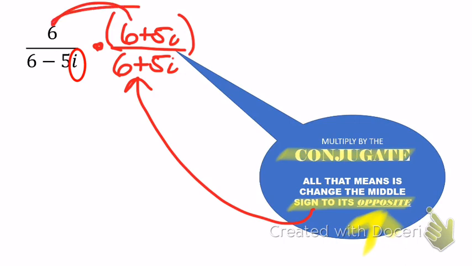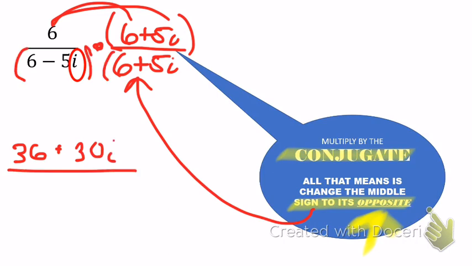So then, distribute the 6 in. We end up with 36 plus 30i all over. Remember, the middle terms are going to cancel. So 36 minus 25i squared.